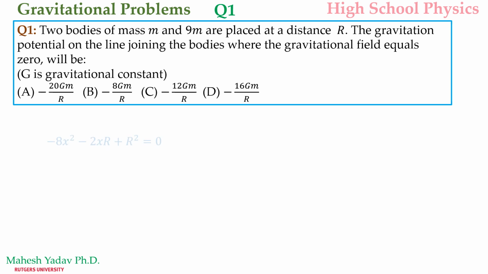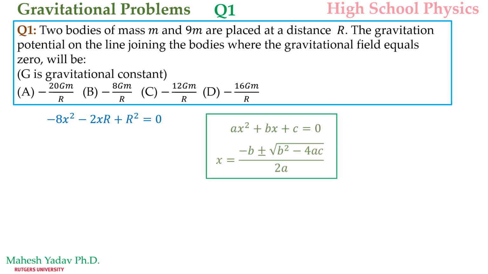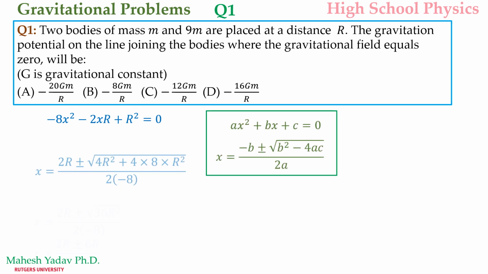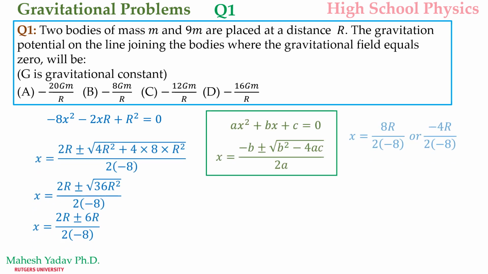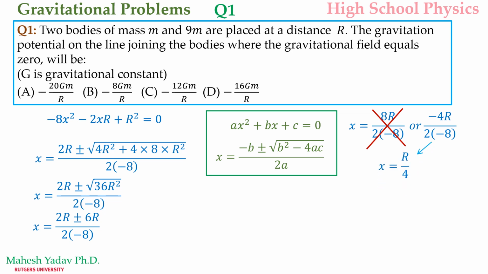Here, on this page, we have written back the quadratic equation. I hope you remember the quadratic equation solution because we will use this to solve, and we get two solutions. One solution shows x is negative, and we ignore it because it is impossible. We take the other solution, and we get x equals r over 4.